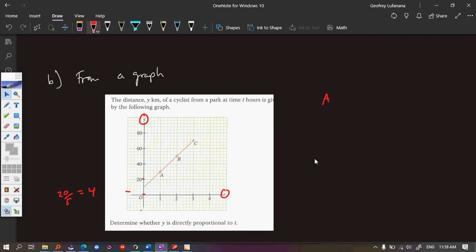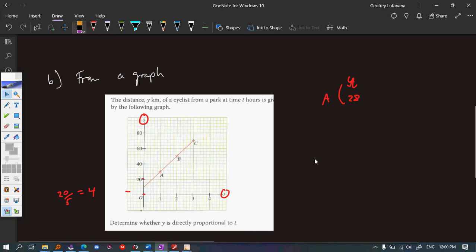Now, when I look at point A, this is 20 and two small squares. So that's 20, 24, and 28. So for my point A, my y is at 28, and my t is 1.